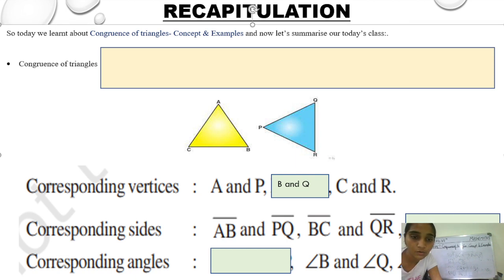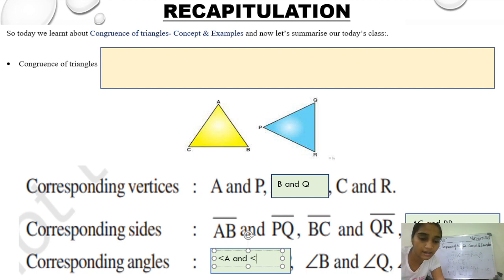Let me take the text box. You are seeing it, which is correct. It will be AC and PR. Very good. And what about the corresponding angles left in this blank? What will come? Yes, here it will come angle A and angle P. Very good, students.